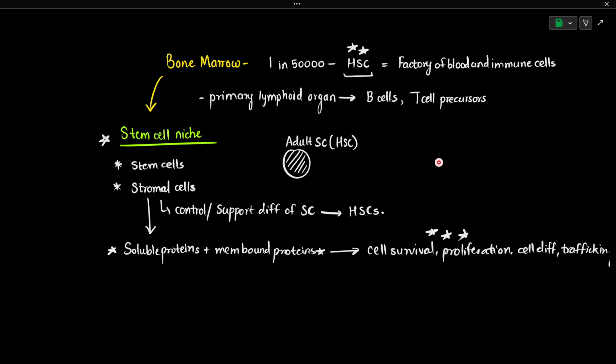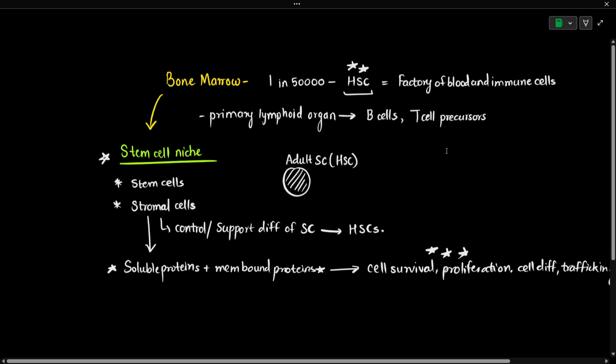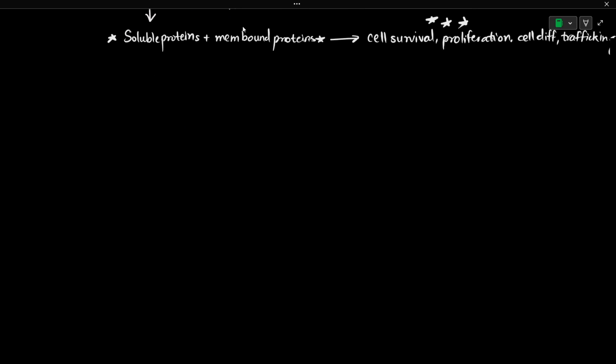So they are only going to regenerate themselves, they are only going to proliferate. So this depends on the particular stem cell niche, which is a part of the bone marrow. Whatever studies we have done, all those evidences show that in the bone marrow there are two main stem cell niches which are going to promote the particular choices by the hematopoietic stem cells.